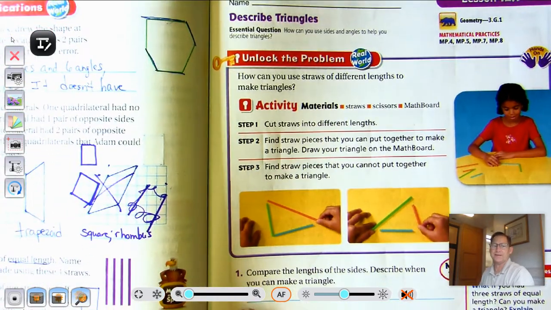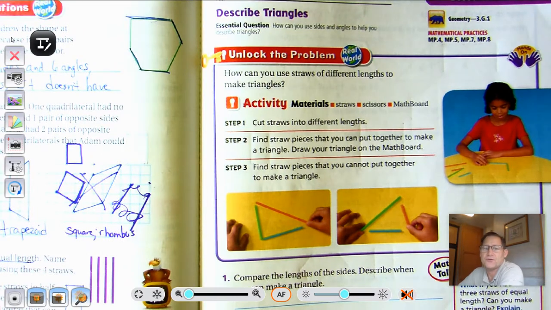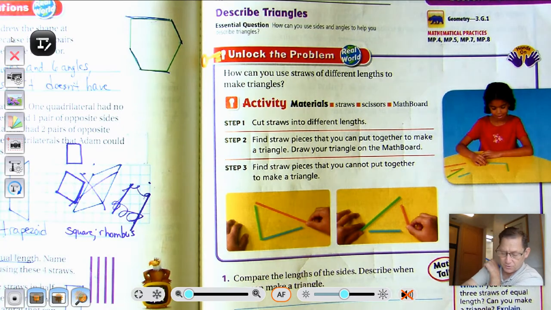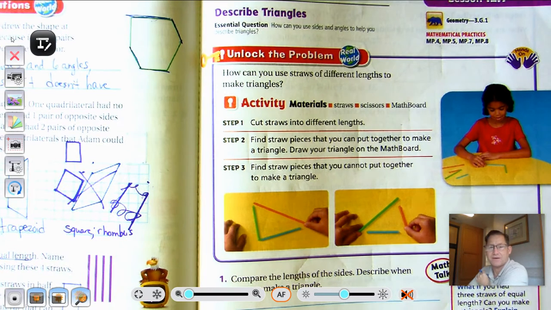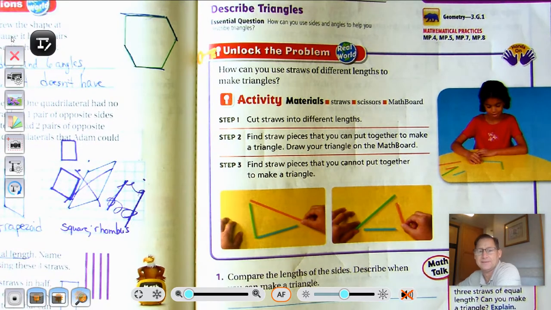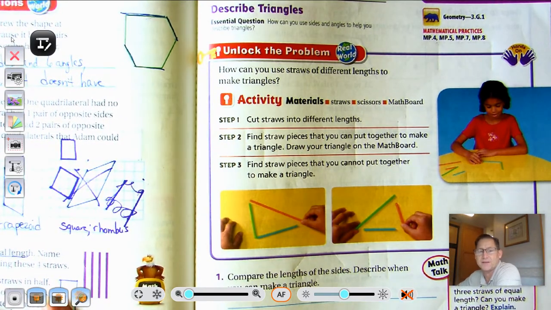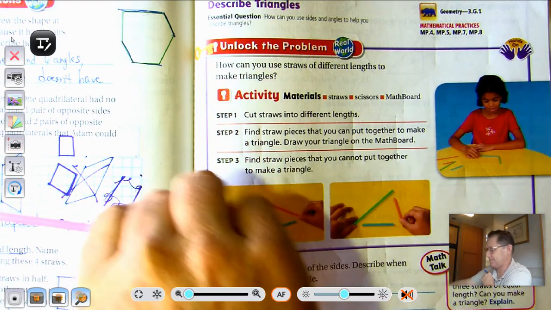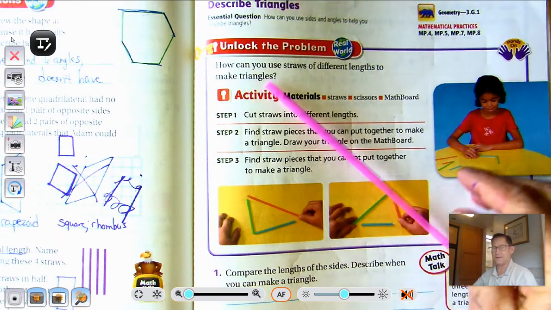And so in this activity, the unlock the problem, it says, how can you use straws of different lengths to make triangles? So if you have some straws and a pair of scissors, you might want to grab some of these materials. I have a couple that I've cut up to demonstrate. So step one says cut straws into different lengths. So I have something like this.